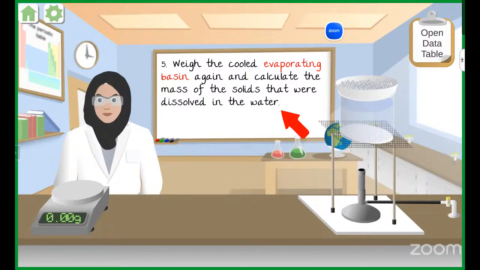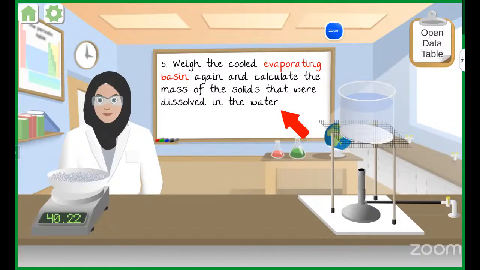So it takes us to the next procedure. Can you read the fifth procedure? Weigh the cooled evaporating basin and calculate the mass of the solids that were dissolved in the water. Good. So they want us to weigh this again. Weighing that again.